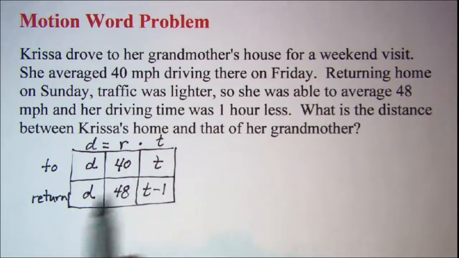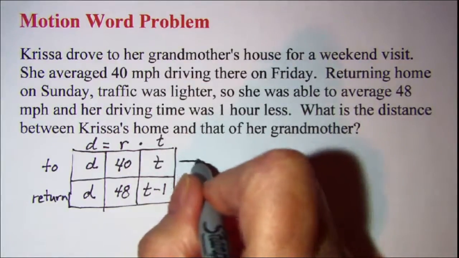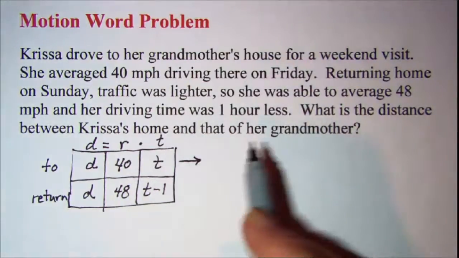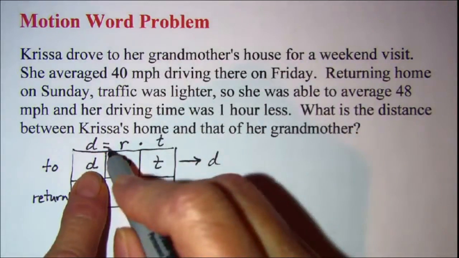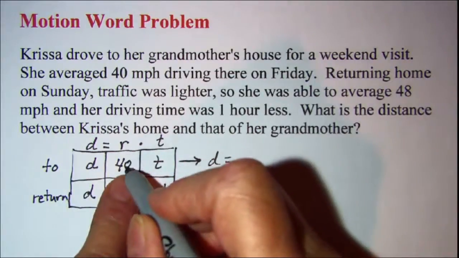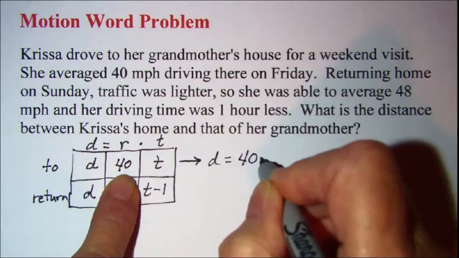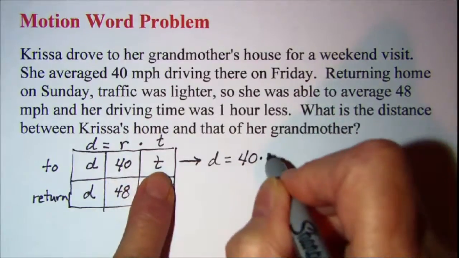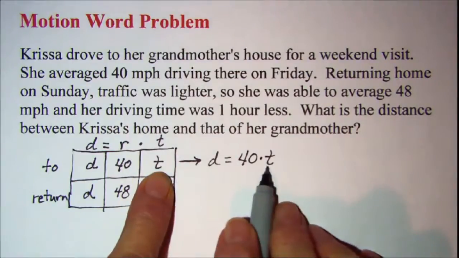Once you have all the cells filled in on your dirt box, then your equation comes from each row. We have D equals rate R, which is 40, times the time, which is T. So my first equation is D equals 40T.